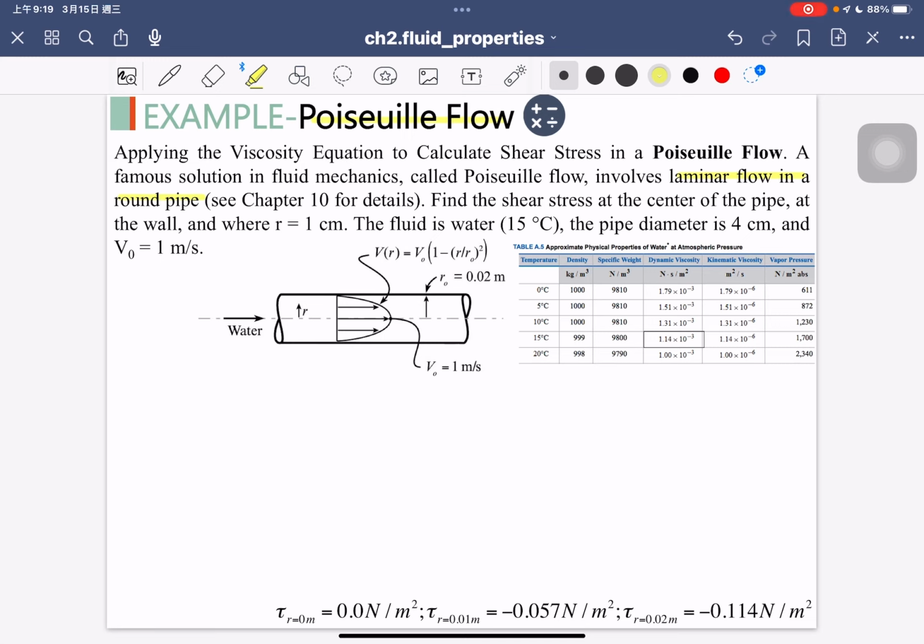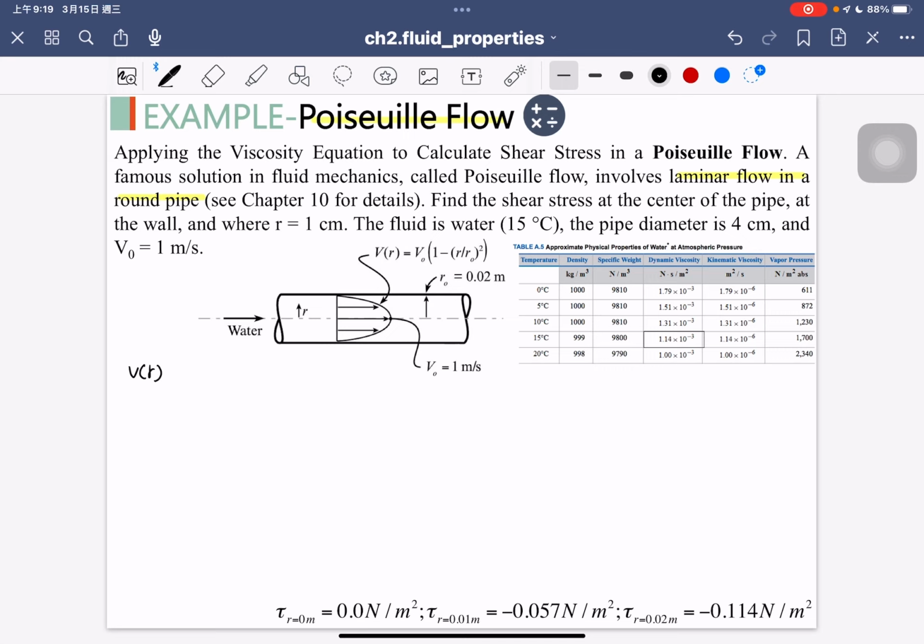Because this is a Poiseuille flow, we know the velocity can be represented as a function of the radius, because this is a round pipe. The radius can indicate the locations along the pipe, right?